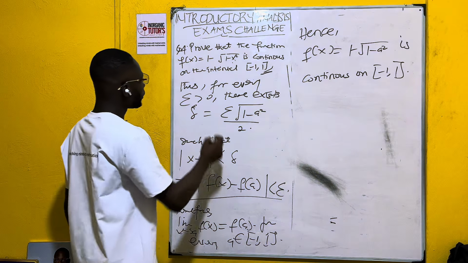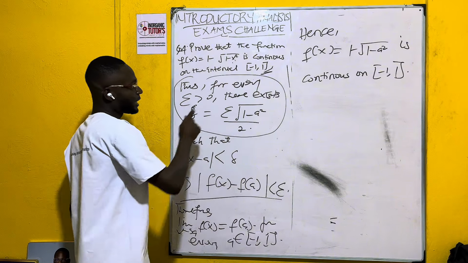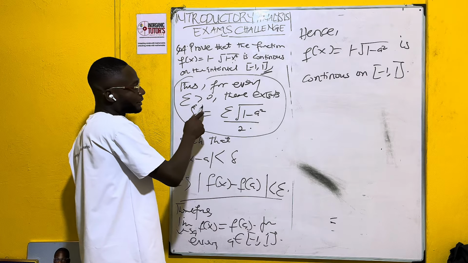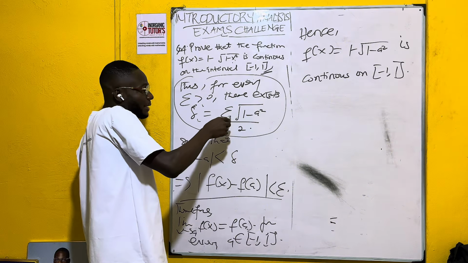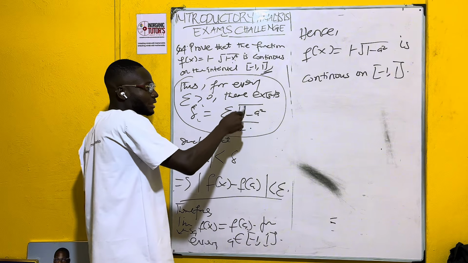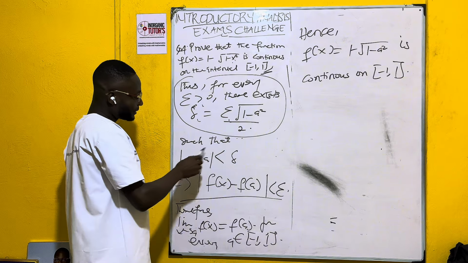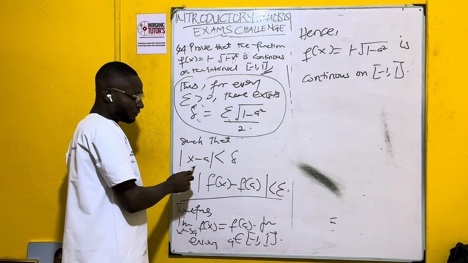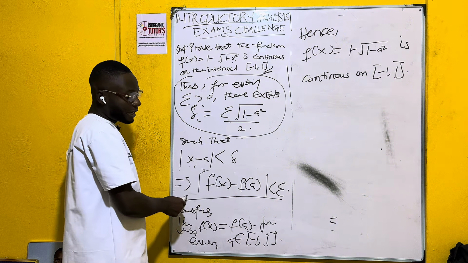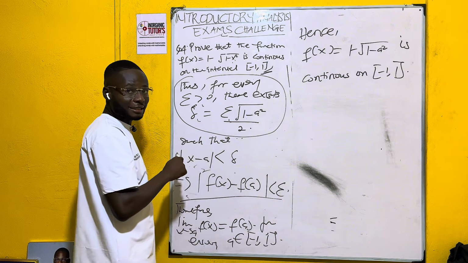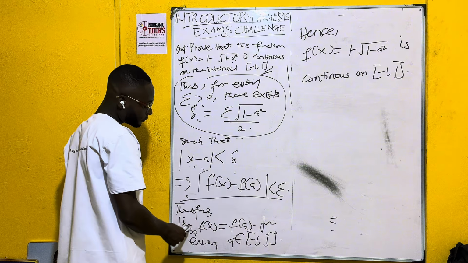Right. So this should be your end point. That is for every epsilon greater than 0, there exists delta, that is when you take epsilon multiplied by square root of 1 minus a squared divided by 2, such that the absolute value of x minus a less than delta. This implies that the definition we had earlier from the beginning will be less than epsilon.